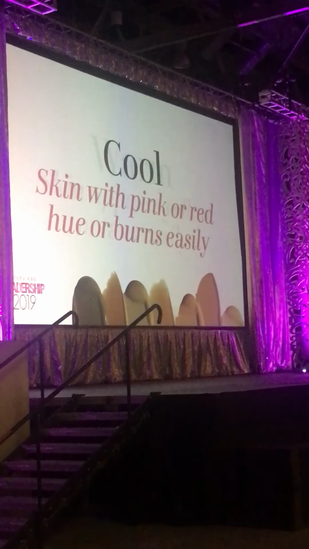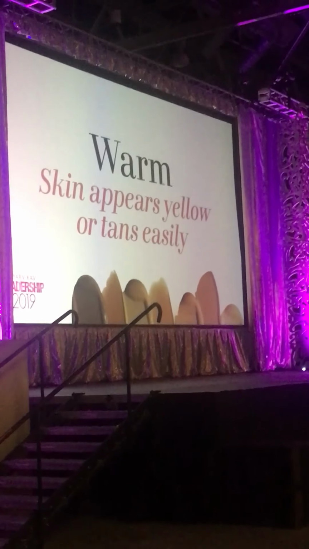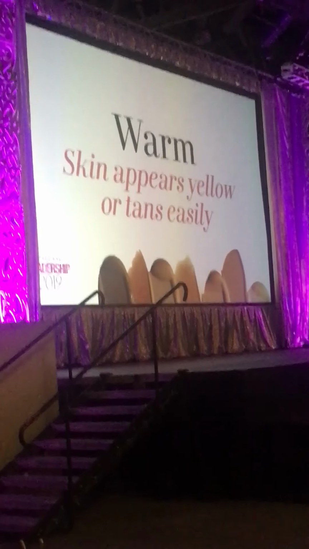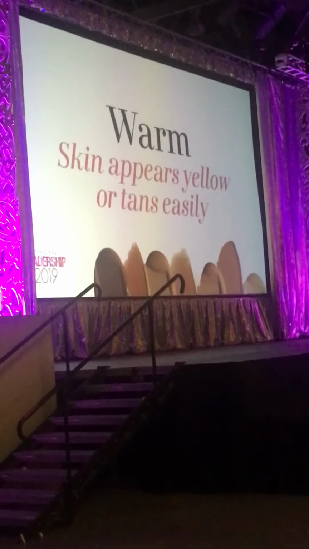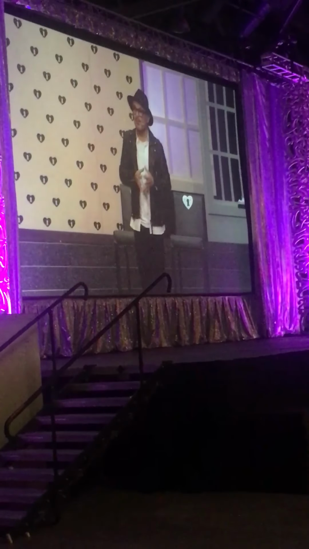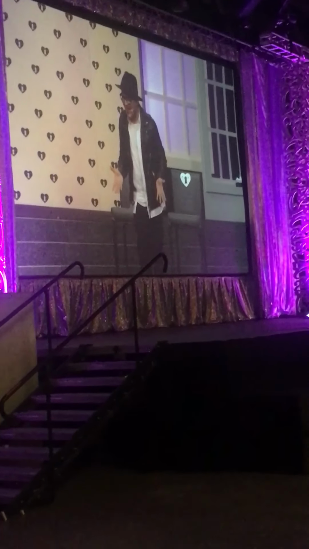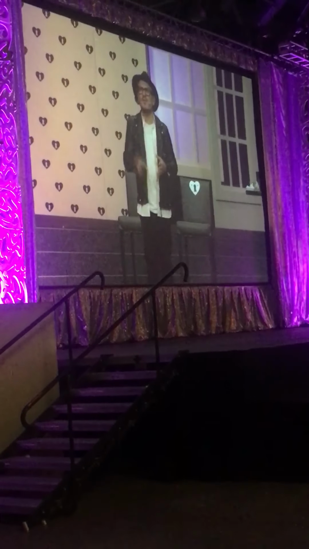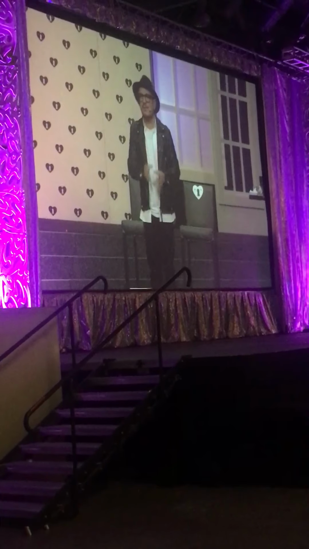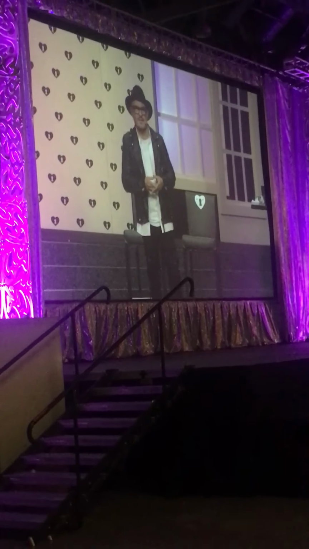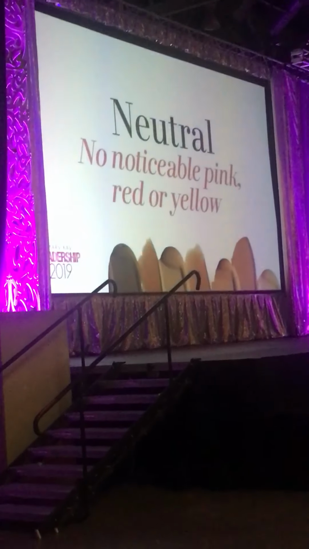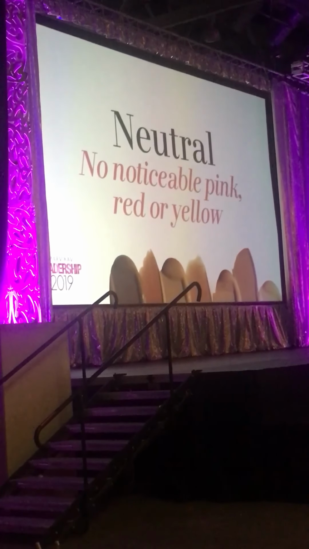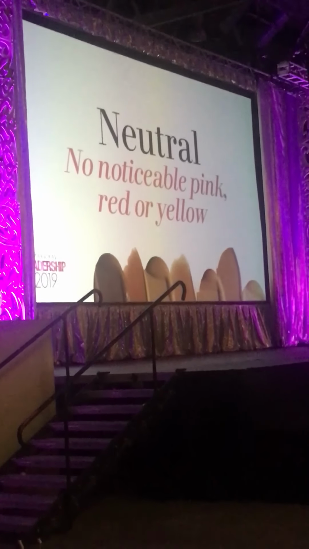If her skin appears yellow or she tans easily, then she's, let's guess, a warm undertone. Exactly. Then you have those people that you just can't figure out what they are, right? For those people that fall in the middle and don't have redness or yellow in the skin, you might want to consider them neutral undertones, or at least start that way. That's the best thing to do.